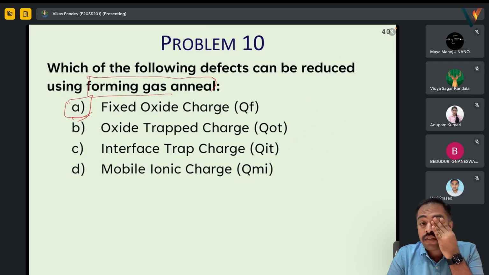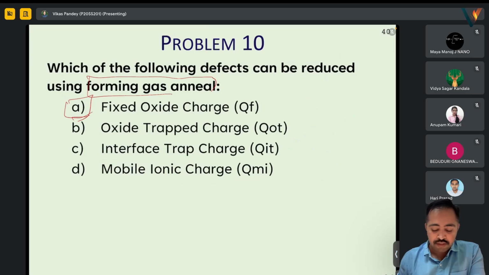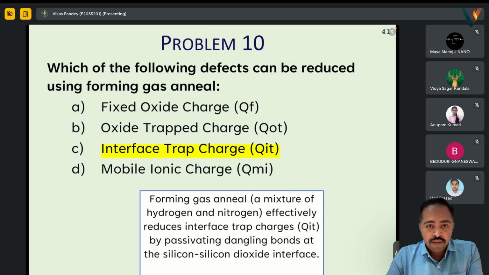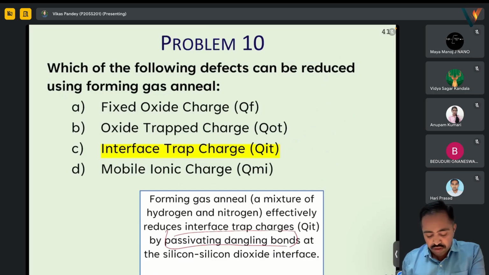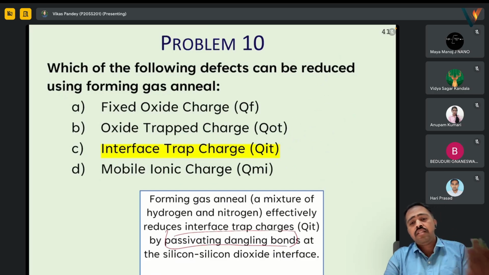Yes. Anyone? It is the interface trap charges. Forming gas is a mixture of hydrogen and nitrogen, and this reduces the interface trap charges. It does so by passivating the dangling bonds at the silicon dioxide interface.